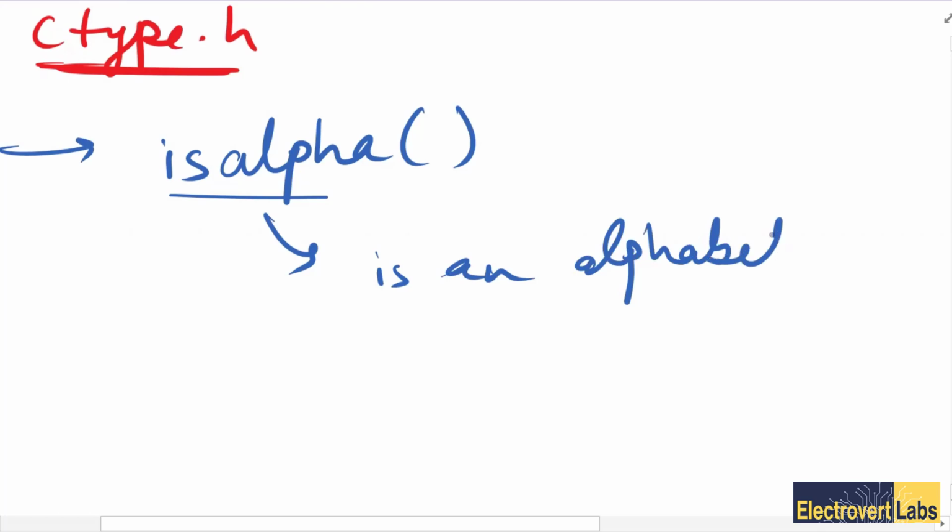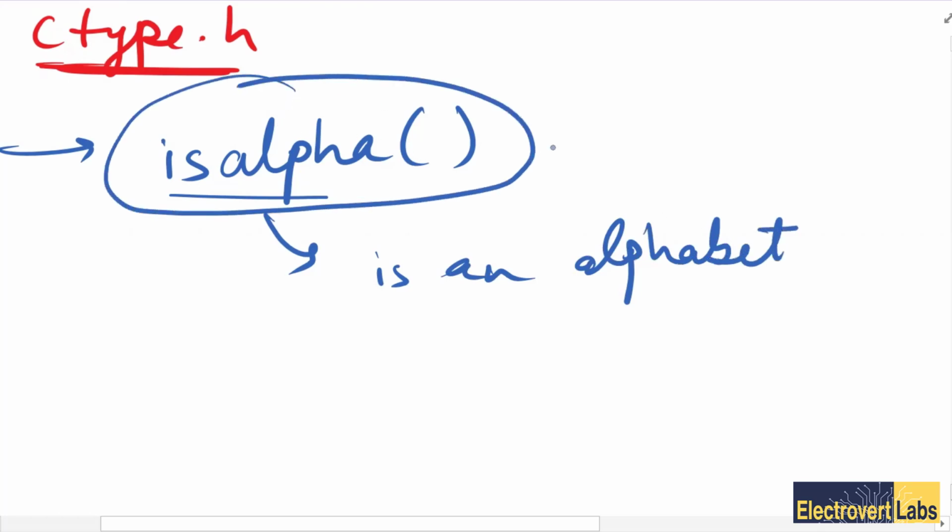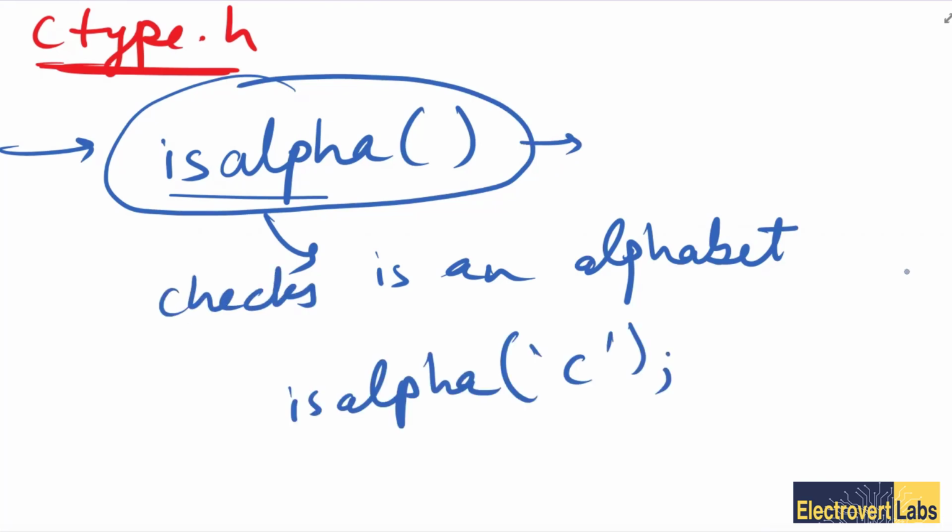I hope you know what the output data type of this function is. It basically checks whether it is an alphabet or not. So it will tell true or false. If it is an alphabet, the output will be true, and if it is not, then false. Yes, basically Boolean.